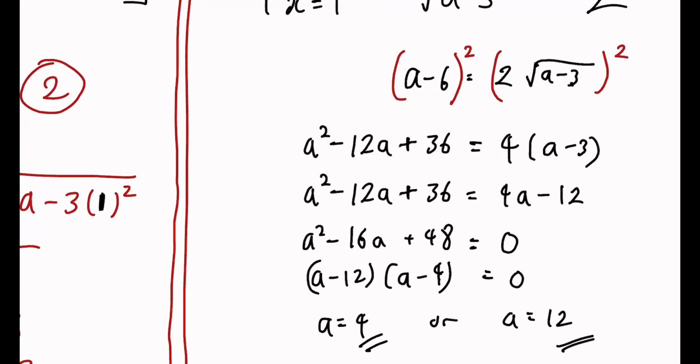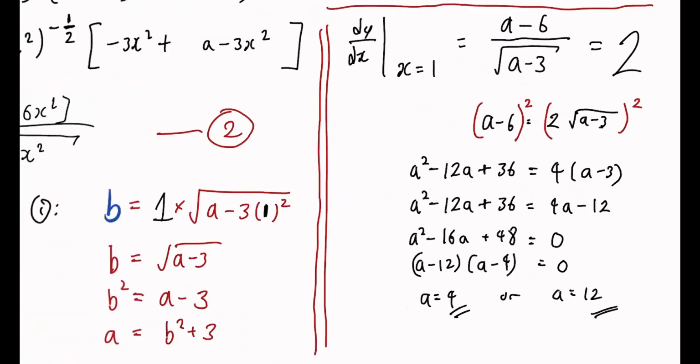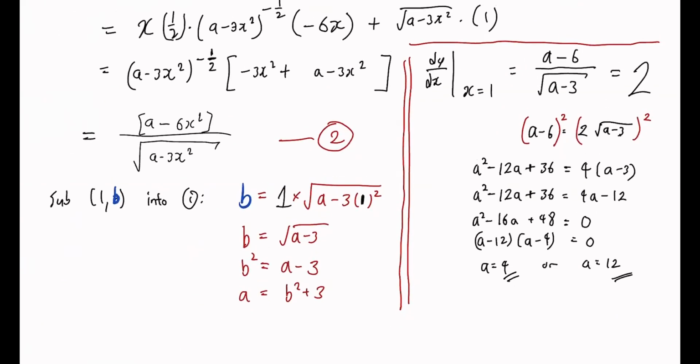Okay, are we done? No. What else is A missing? We need B as well. So which equation do we need, the first one or the second one? I'll call this asterisk and I'll call this double asterisk. Which is more useful to us?